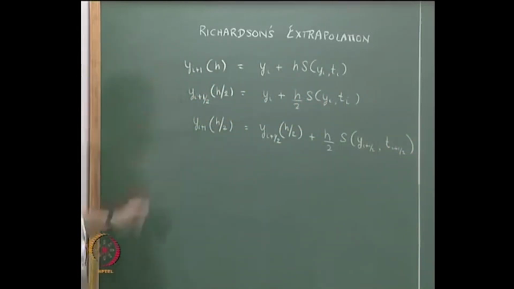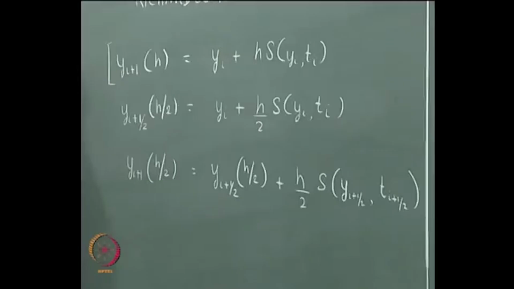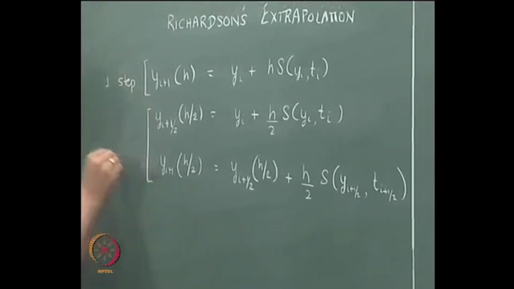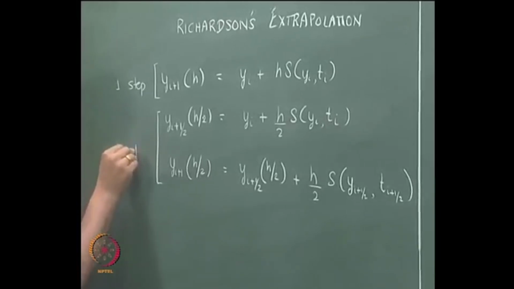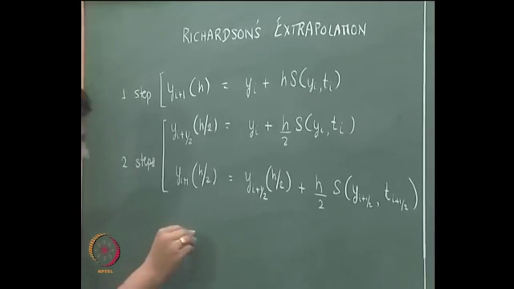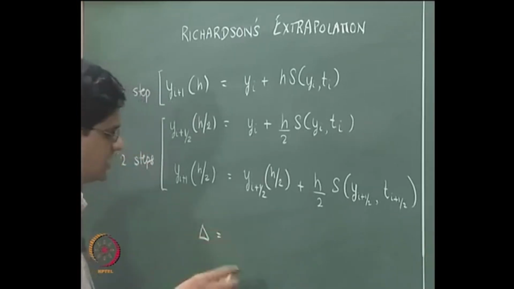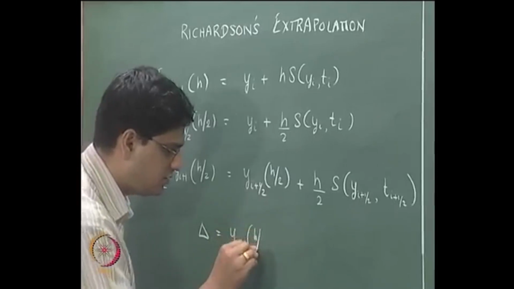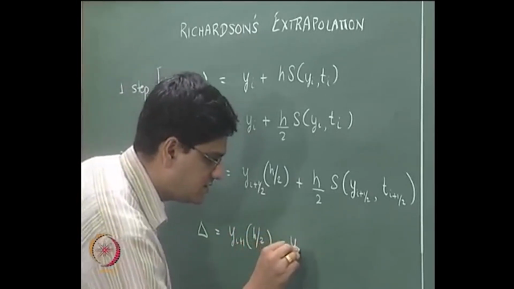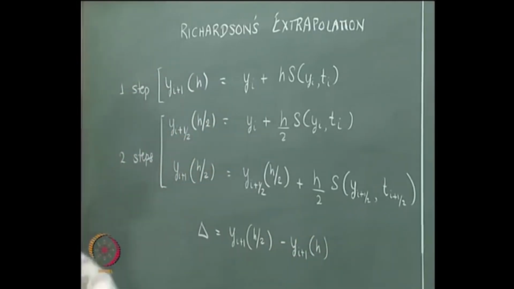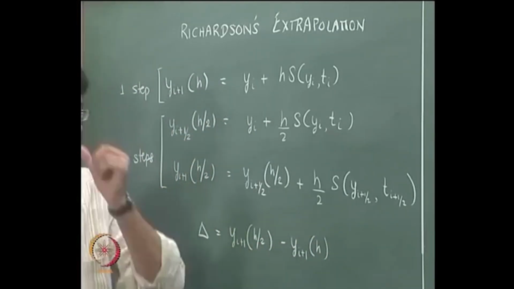So this is using one step, and this is using two steps. Next we defined our delta as equal to yi plus 1 with h by 2 minus yi plus 1 with h. This is how we defined our delta.